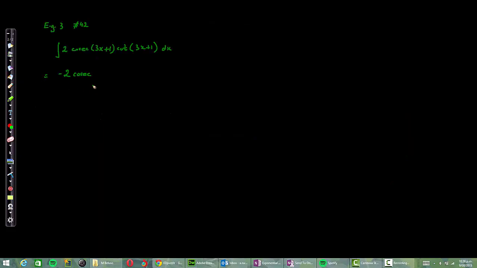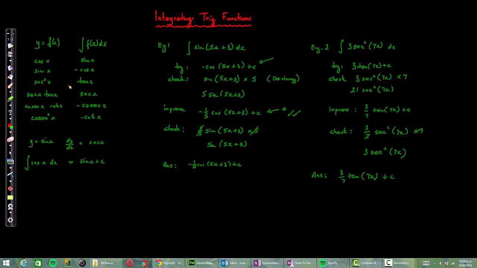Okay, so cosec(3x + 1) plus a constant. Well, let's check again. Remember, this is our try here. And if I derive this cosec function, it should be negative the derivative of cosec.